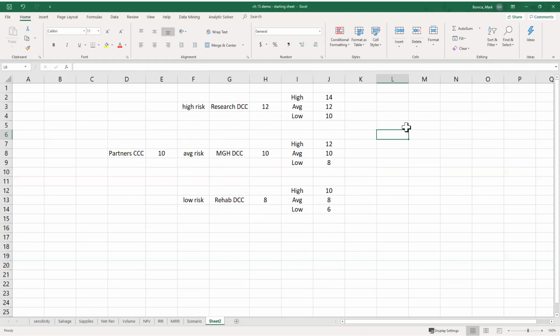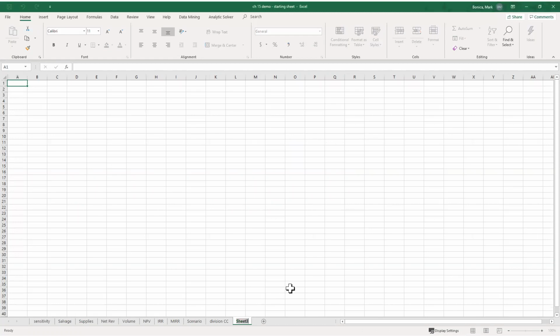Let's see. We have like 8 minutes left. All right, one last thing. I'll name this division CC, so that's my division example. So evaluating costs.